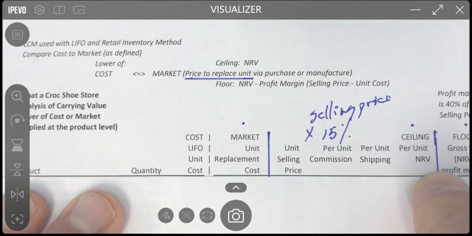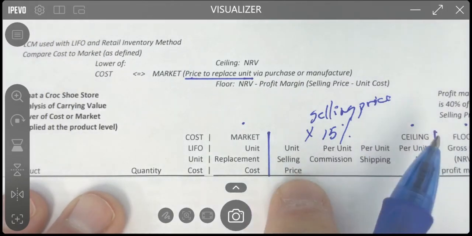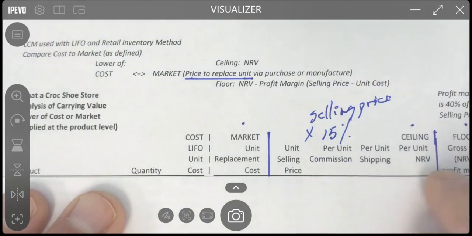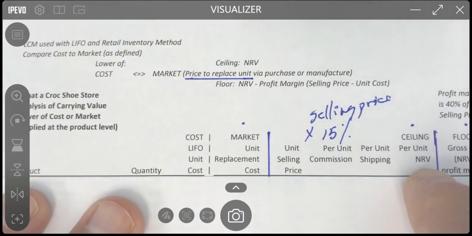And so the net realizable value is selling price minus commissions and any shipping where appropriate. That becomes the ceiling amount that we may use as market.